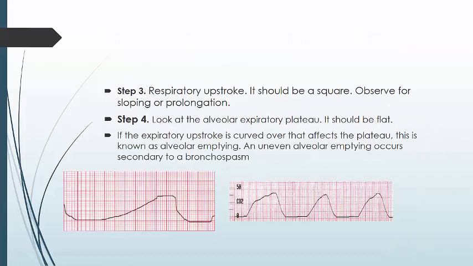Now, step three, respiratory upstroke. It should be square, right? Look for any sloping or prolongation like you see at the bottom there. And then step four is going to be looking at the alveolar expiratory plateau. It should be flat. So if that expiratory upstroke is curved, that's going to affect the plateau. This means that we have uneven alveolar emptying, and this occurs usually due to bronchospasm.